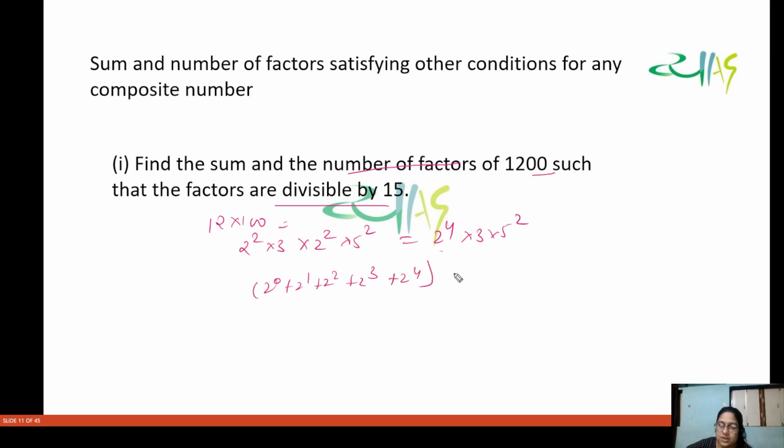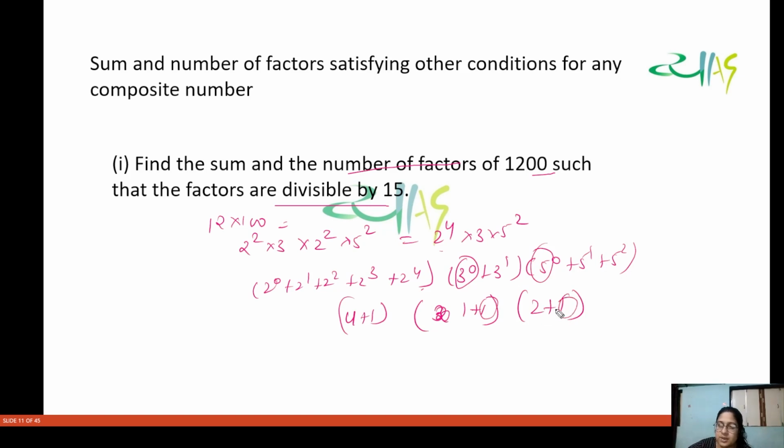Look at this very carefully. The number of factors for each case is 4 plus 1, 1 plus 1, and 2 plus 1. Now I'm just saying remove this and this from here. So this will become 5 into 1 into 2, which is 10. So the number of factors that are divisible by 15 is a total of 10.